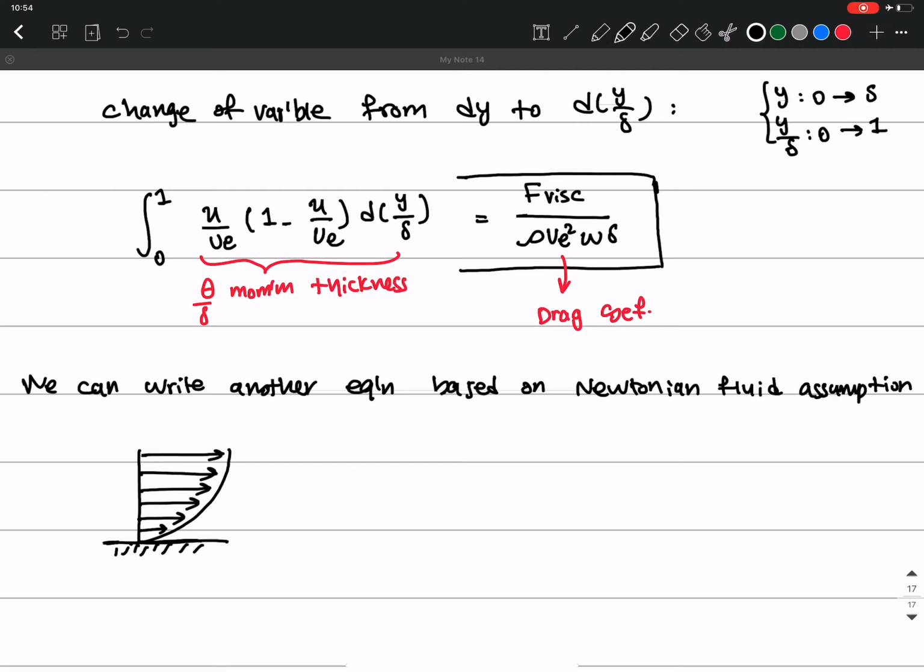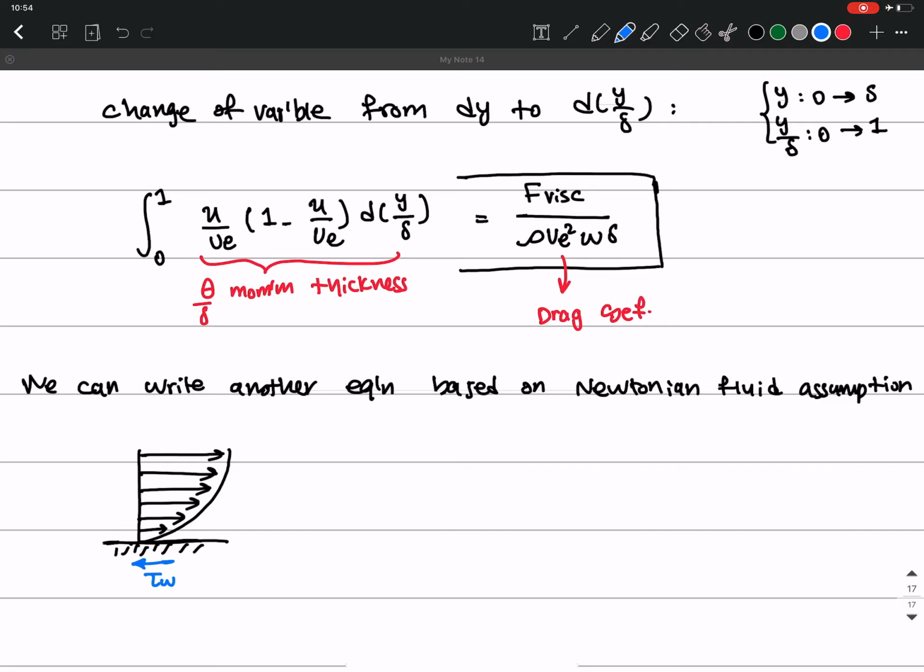Based on the Newtonian fluid assumption, I can calculate the stress at the wall. So the wall exerts some stress, and the fluid also exerts some stress on the wall.